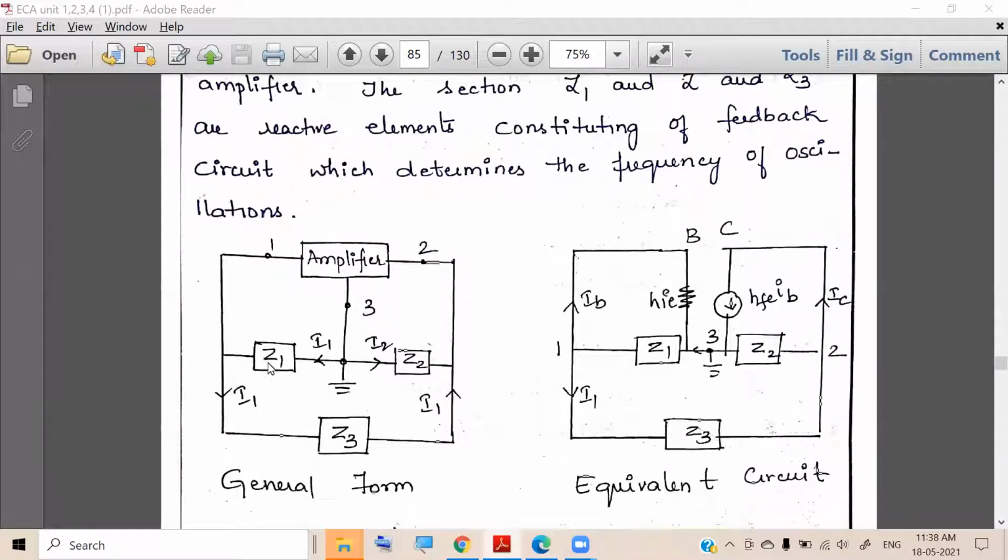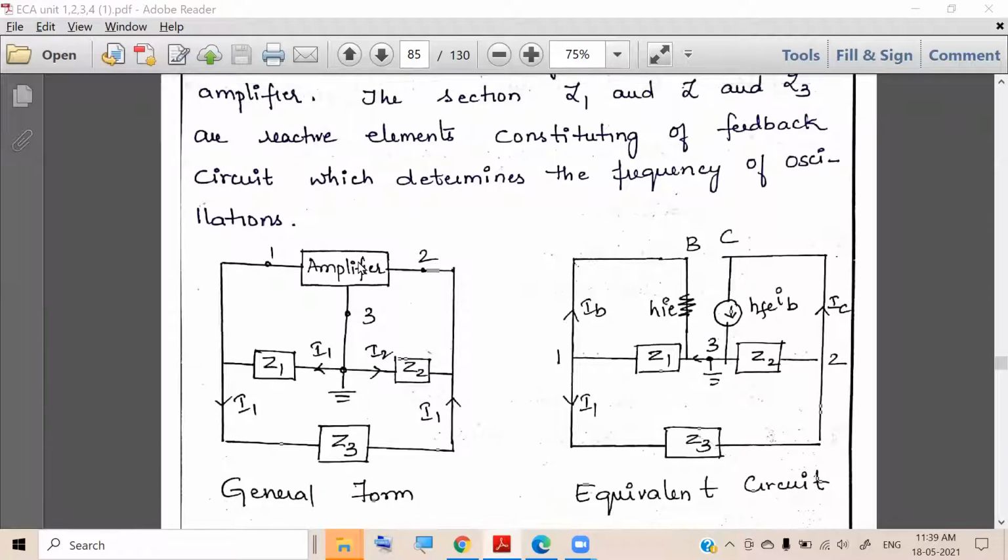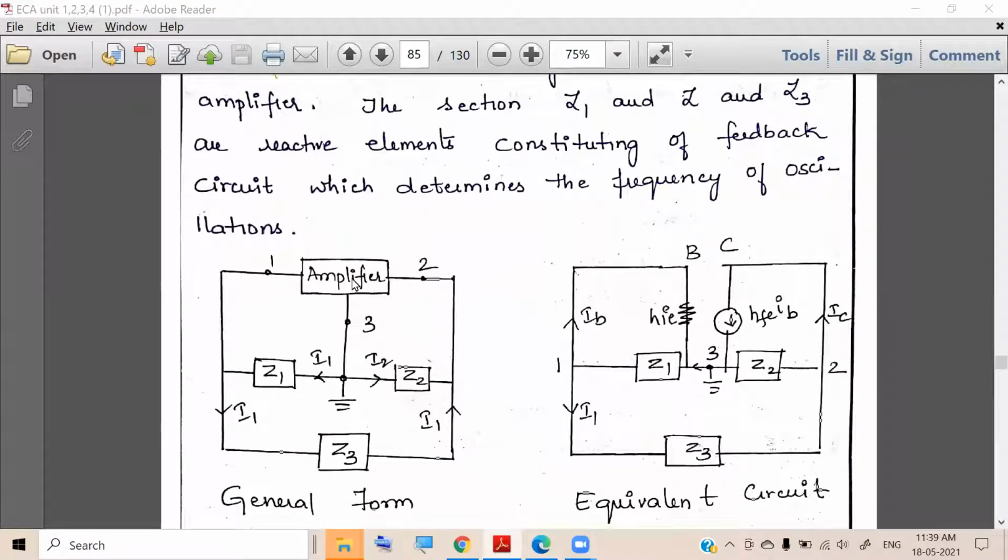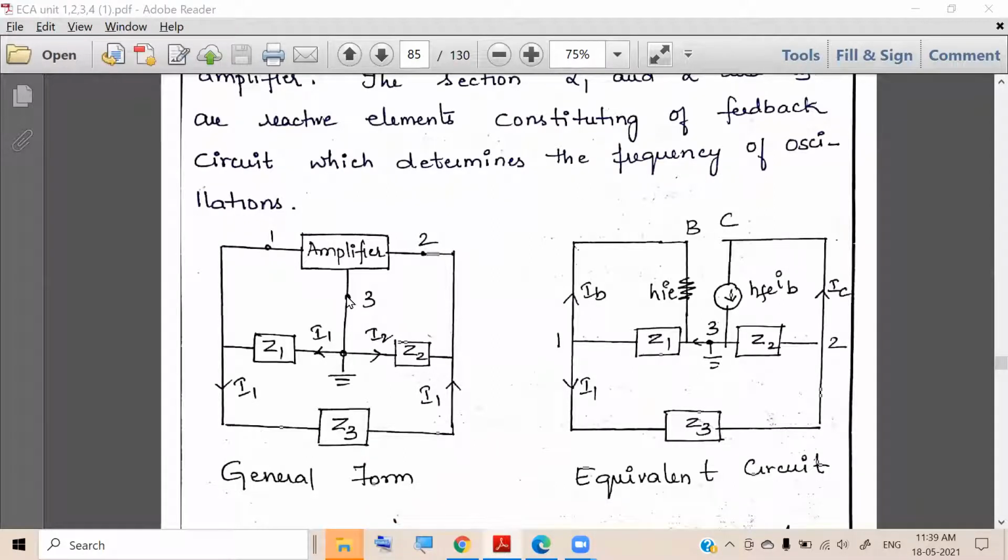Now, what does the amplifier block primarily consist of? The amplifier block primarily consists of the transistor. So under certain approximations, we can simply replace the amplifier with the equivalent circuit of the transistor.